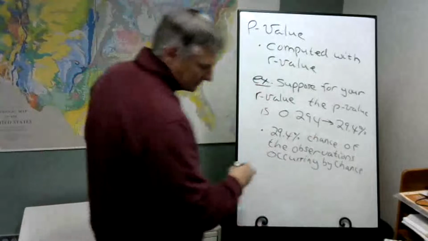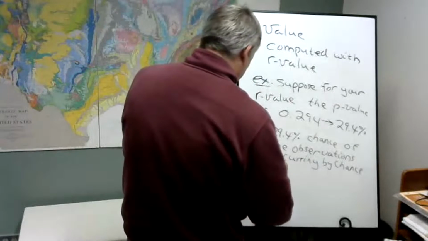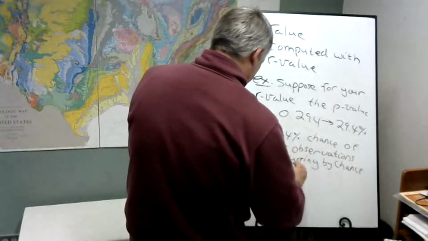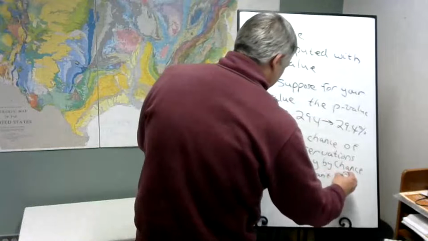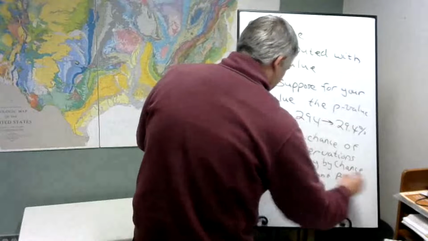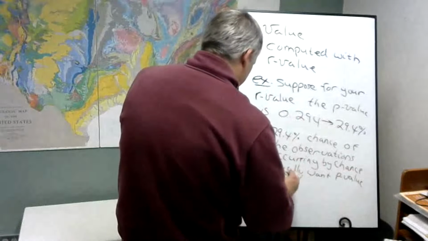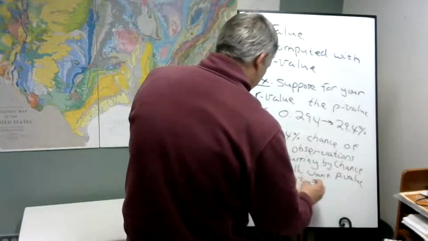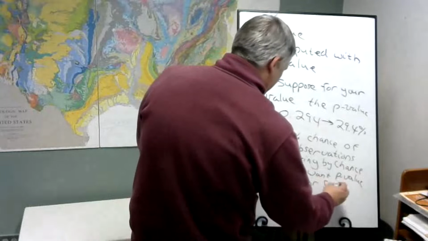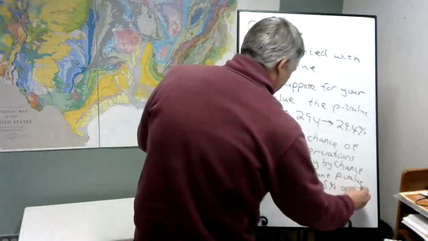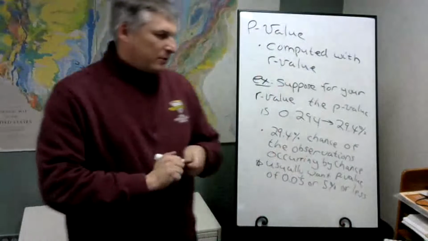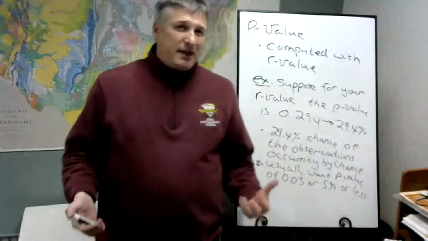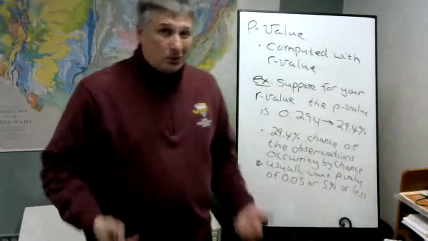Usually, we want a p-value of 0.05 or 5% or less. In other words, we want the likelihood of this happening by chance to be really small.